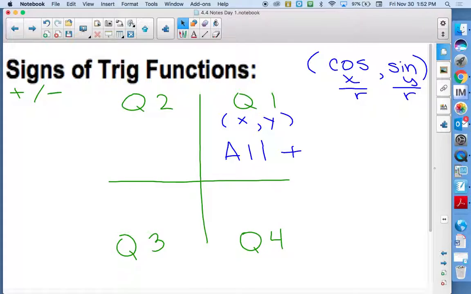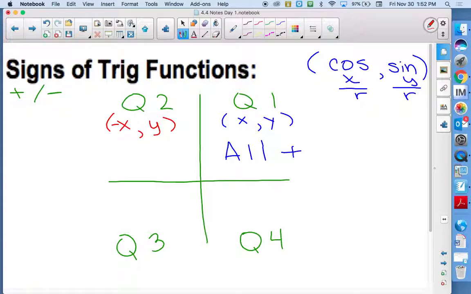If we're in the second quadrant, Sabrina, what's going on with x and y in the second quadrant? The x becomes negative and y stays the same. So with respect to sine, cosine, or tangent, which one of them would be positive? So think about x and y, what they represent with sine, cosine, tangent. Brandon? Would it be cosine?